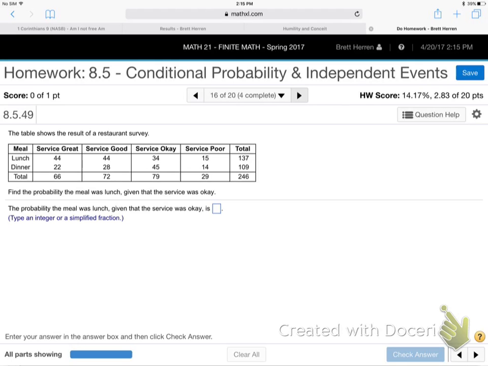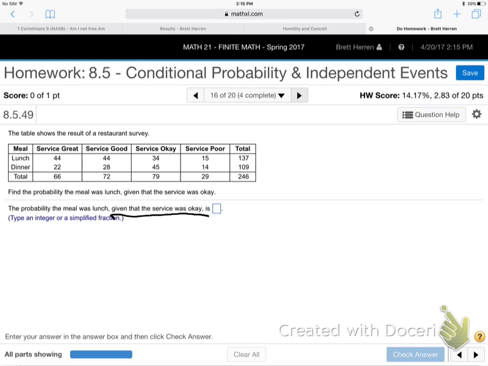All right, try that one. Find the probability the meal was lunch, given the service was okay. So the given limits us.